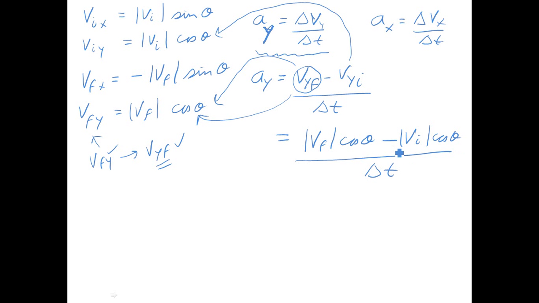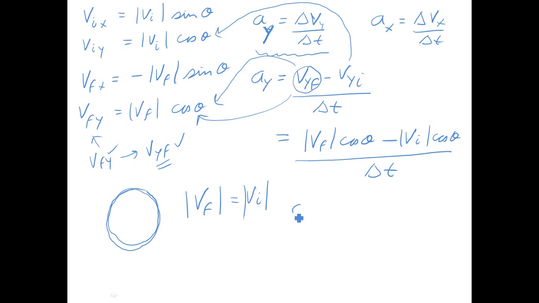Now look at this, and one thing to keep in mind, if this object is traveling around the circle at a constant rate, and that's the motion we want to look at in this instance, it gets around the circle in the same amount of time every time. That means their speeds have to be the same, which means the magnitude of the velocities.